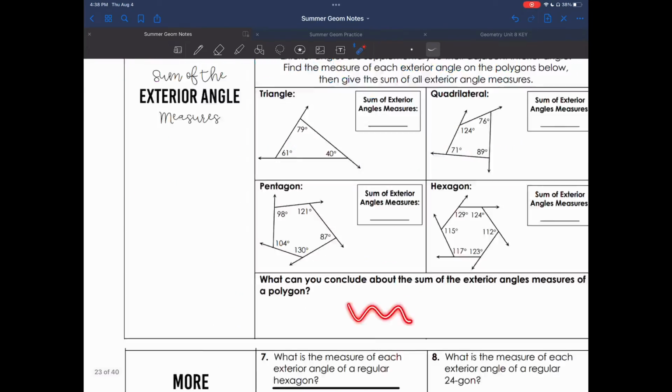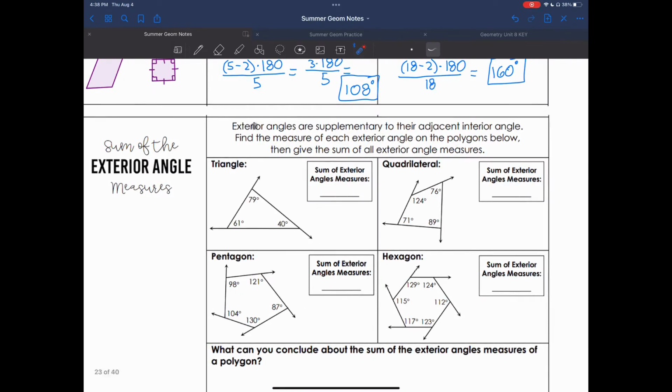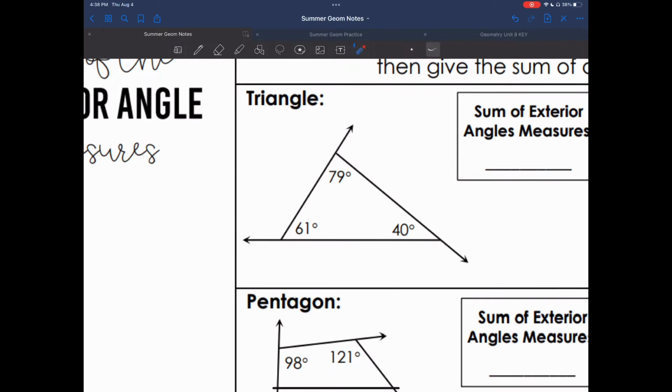All right, so this is kind of wordy. If you know your vocab really well, it makes sense. It says exterior angles are supplementary to their adjacent interior angle. Let me explain that part. It is just saying if you have an exterior angle, the way you would figure out what this one angle equals is, since you've got a straight line here, it's supplementary with this angle that's next to it. So if I said find just this angle, you would just do 180, supplementary, minus the interior angle next to it.